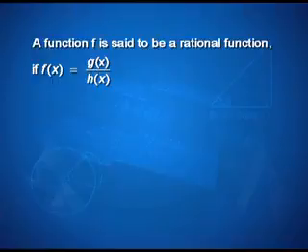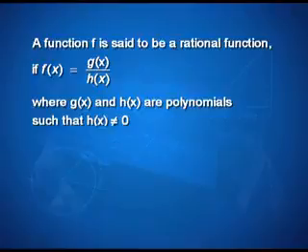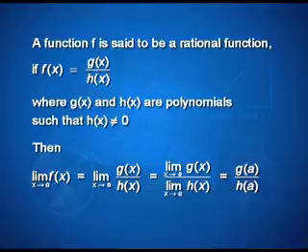A function f is said to be a rational function if f of x is equal to g of x upon h of x, where g of x and h of x are polynomials such that h of x is not equal to 0.